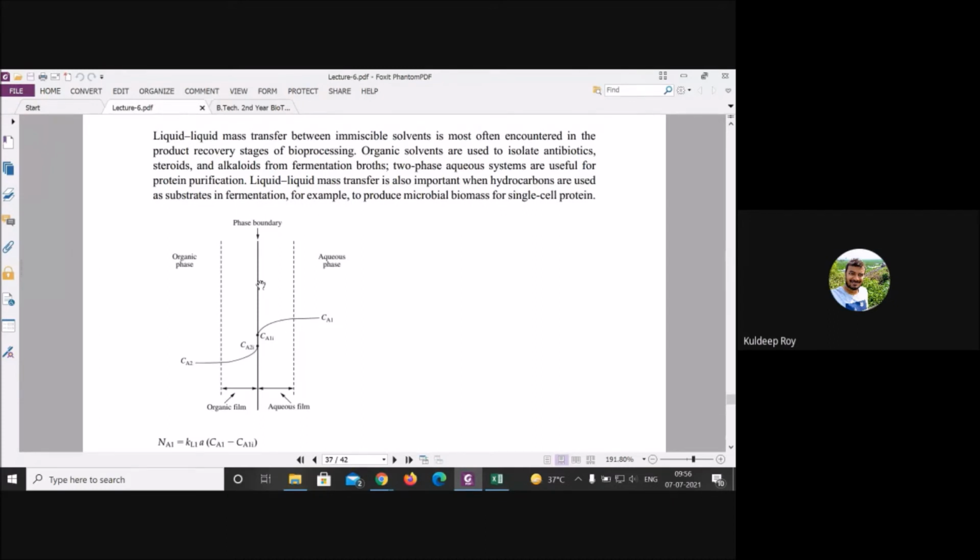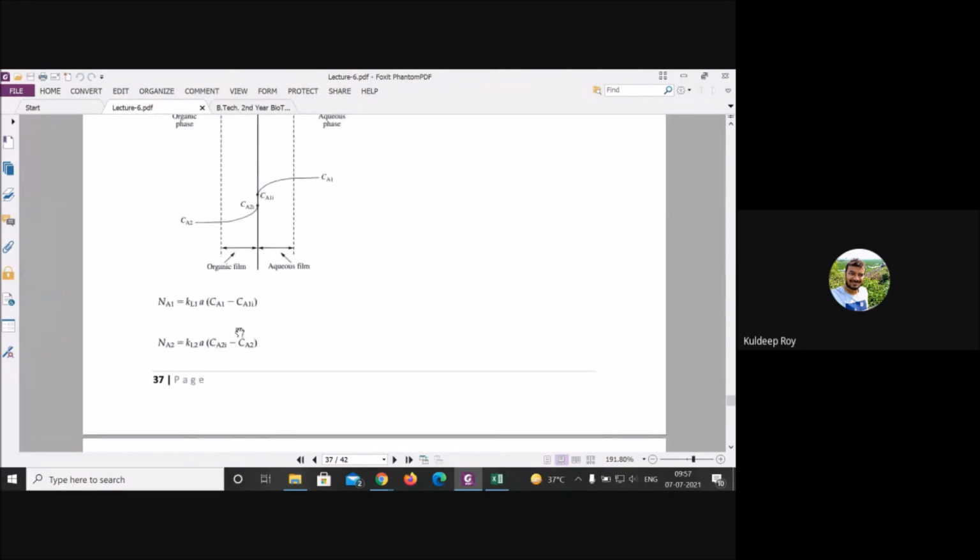And as I already told in the film theory, the turbulent system will be there, but around the film there will be diffusion, the transporting process from one position to another position. Due to the diffusion, species will transfer from this position to this position, or this position to this position. Okay, please remember.